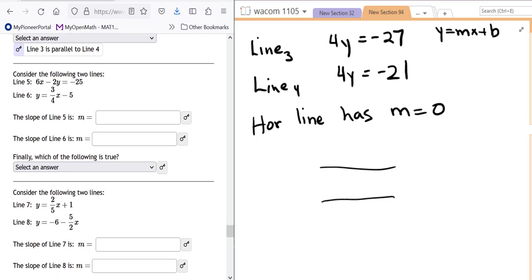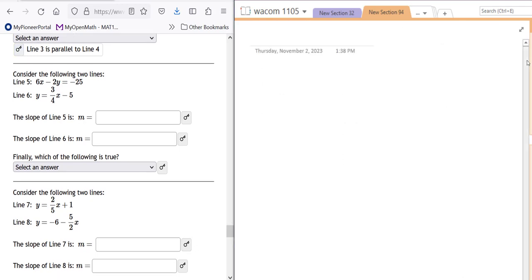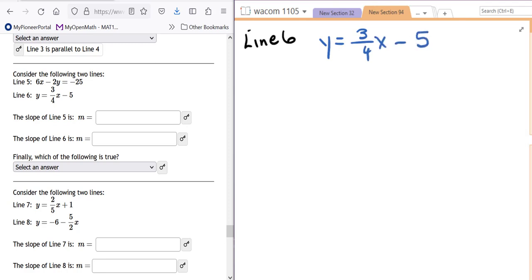All right, we'll do number 5 here, or line 5 and line 6. You're good for the second one because it's already in the proper form. So line 6, you have y equals 3/4 x minus 5. Your slope is 3/4, no work.